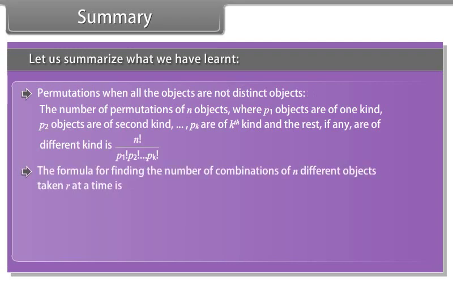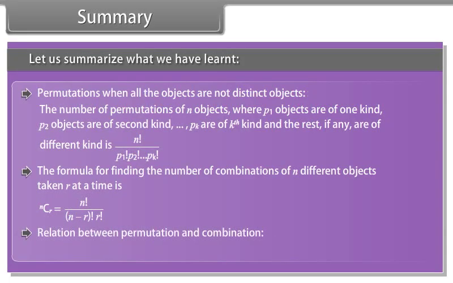The formula for finding the number of combinations of n different objects taken r at a time is nCr is equal to n factorial by (n minus r) factorial into r factorial.